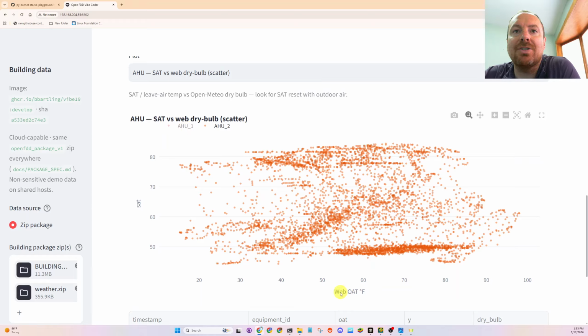I need to make a note that there could be the possibility that we're not filtering for when the fan is running. We don't care when the air handling unit's off, which might be showing a lot of this data here. So let's check out air handling unit 1. Yeah, same thing, really messy. Okay, so I'm going to make a note to update that.